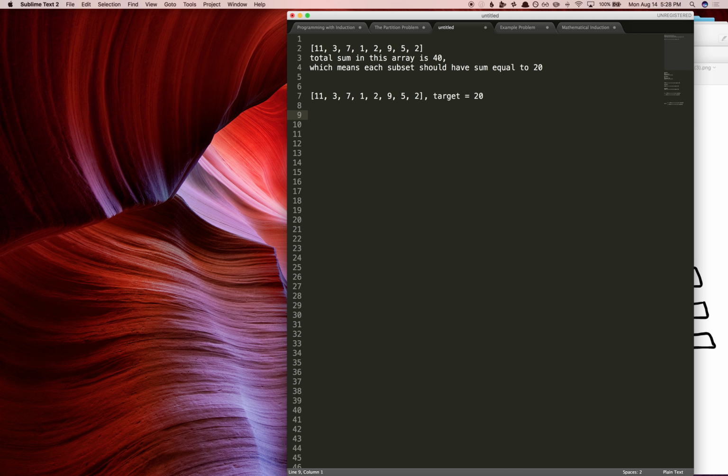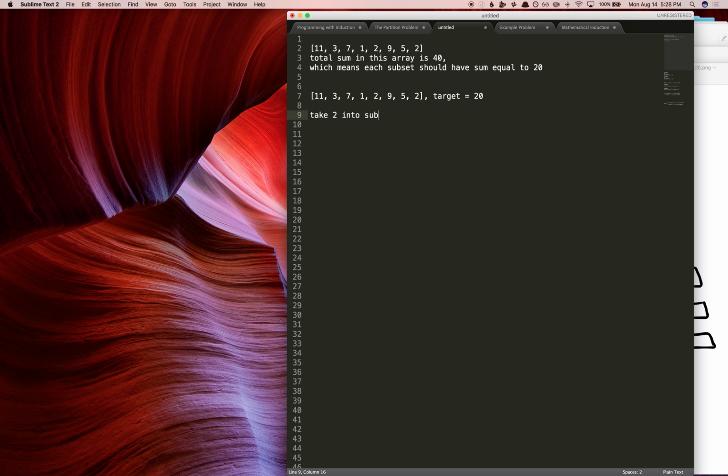Because the elements in your big set that are not in the subset you're tracking will be in the other subset. So if you know one subset, you kind of know what the other one is. Our target is 20, and my local decision is, should I take this 2 in my subset?